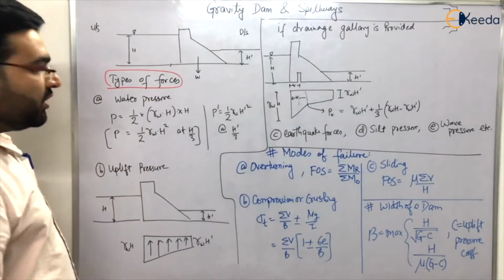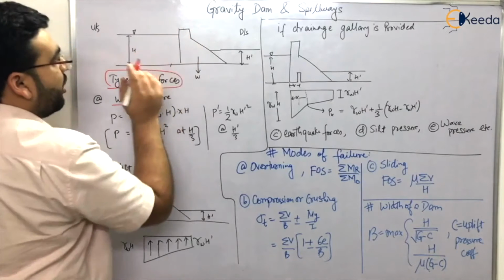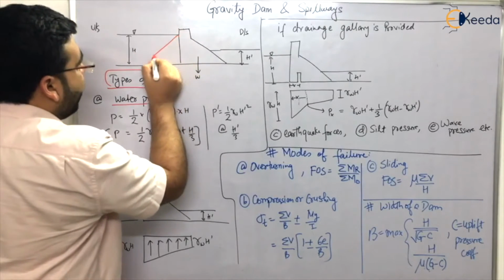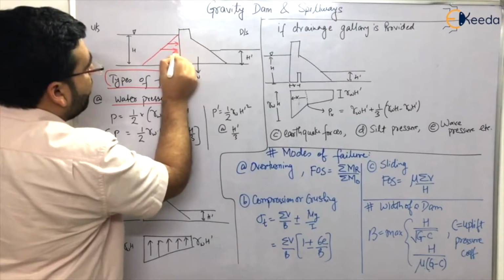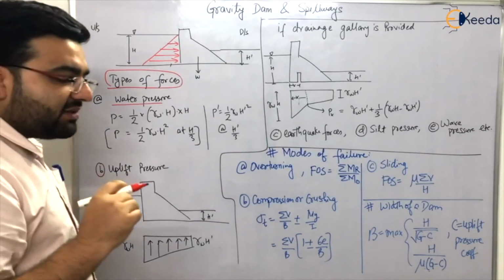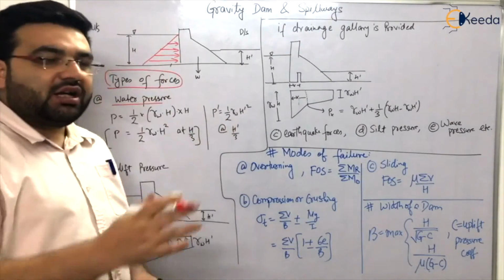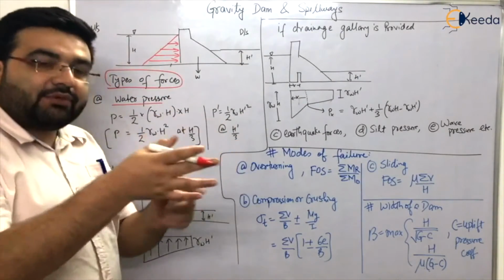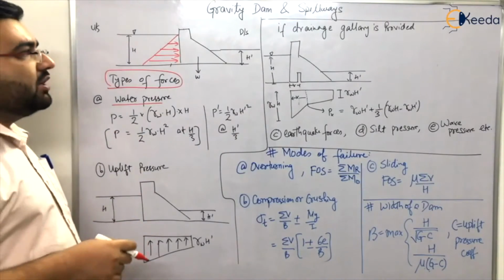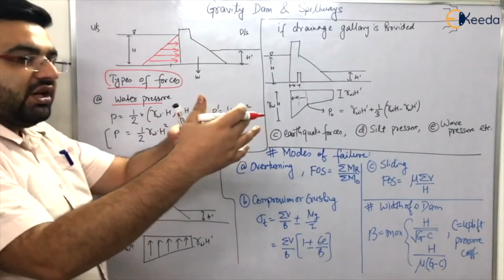Now first of all, let us discuss the types of forces acting on a gravity dam. The first type of force is water pressure. You have water here and water here, so this water will exert some pressure over the dam. It is the same type of pressure which you must have studied in fluid mechanics, the force acting on a dam. In fluid mechanics there is a chapter with numericals on what force will open the dam's gate.